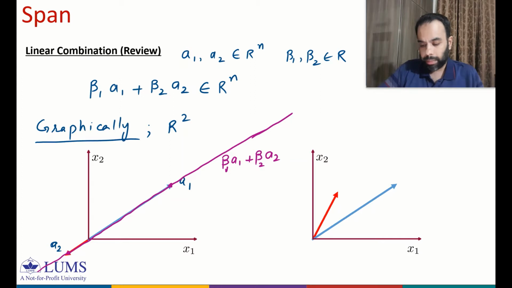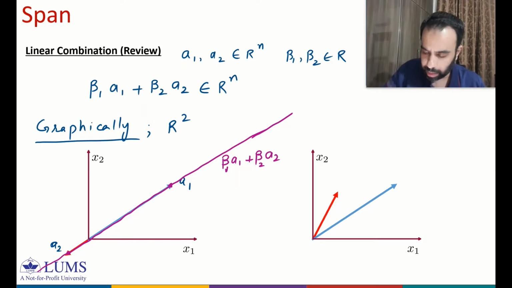In the previous case, the red one was collinear with the blue one, but here the linear combination of red and blue would cover the whole two-dimensional space.